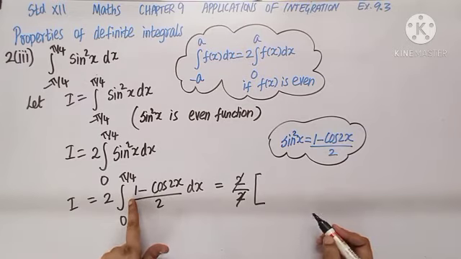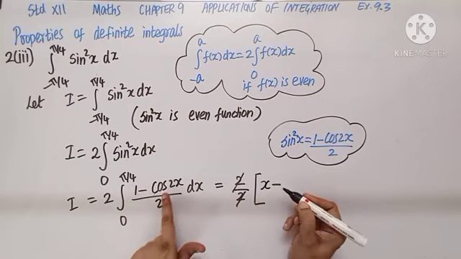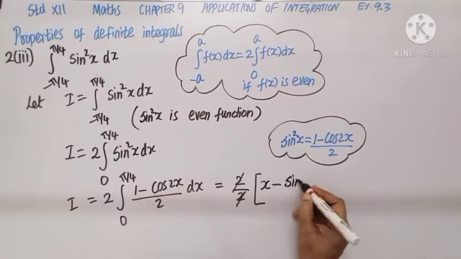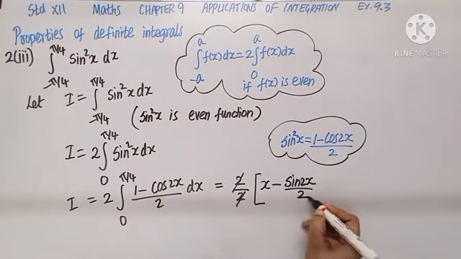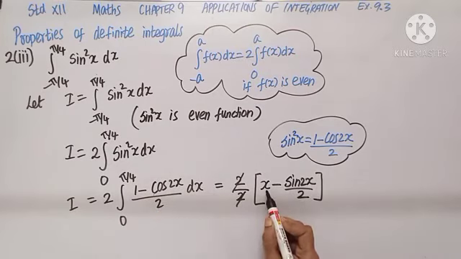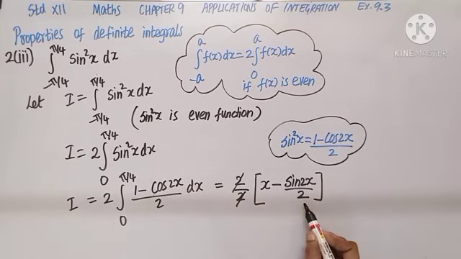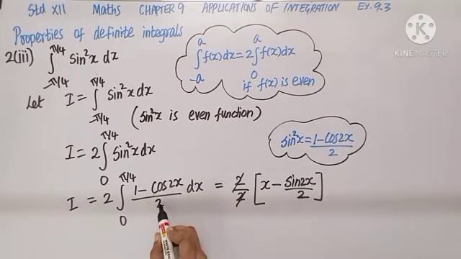1 constant will become x, minus cos 2x, formula sin 2x by 2. As we integrate, 1 will become x, cos 2x, the formula is sin 2x by 2. This 2 we have taken out, which gets cancelled.